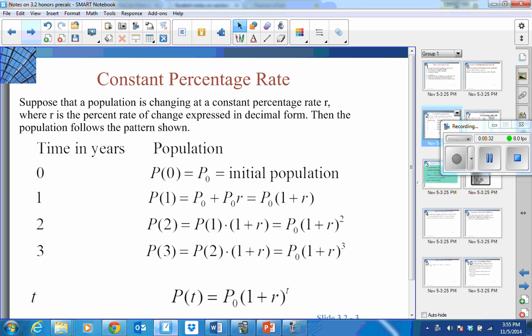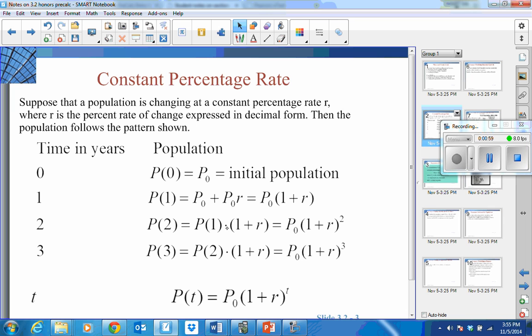So, a constant percentage rate. Suppose that a population is changing at a constant percentage rate r, where r is the percent rate of change expressed in decimal form. Then the population follows a pattern. P of 0 is our initial population, wherever the population is starting. And P of 1 is 1 year later. We're looking at what our initial population was plus the growth of the population at that point.